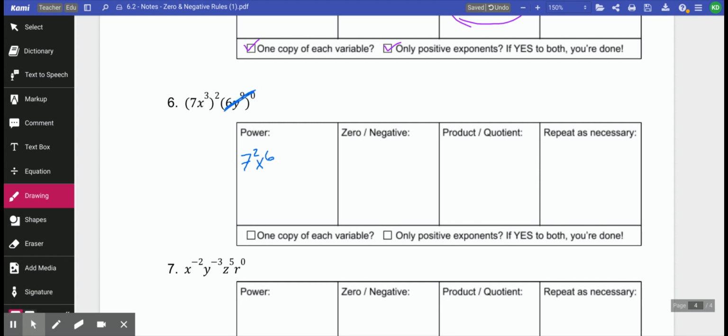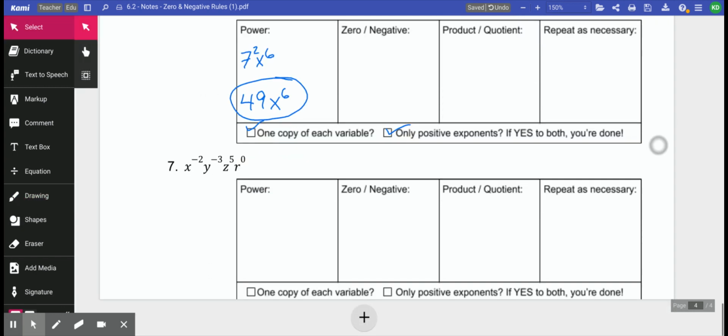All right. Another example here. So let's do our power rule. We have a lot of power rule to do. Okay. So my power rule would be 7 squared. So I'm using all those parentheses. So 7 squared, x to the 6th. And then anything, remember, anything to the 0 power, I can just cross that out.